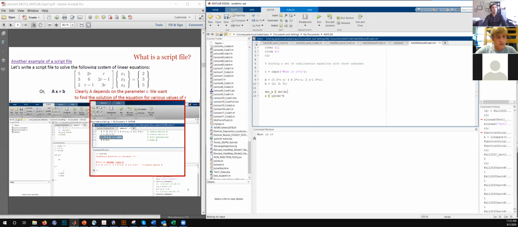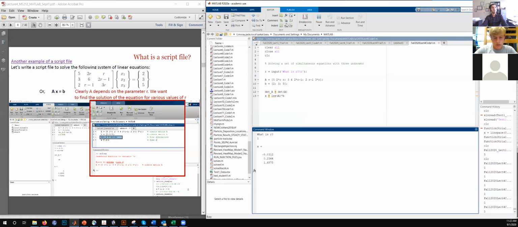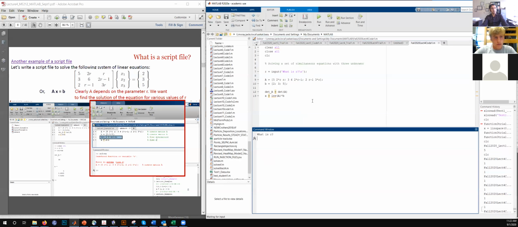Let's save this and see what we get. First I need to close this and then run it again. So now if I type 1 for R, you get two outputs, those x values, x1, x2, x3, along with the determinant when MATLAB has plugged in R as 1 into this matrix and just calculated the determinant for this matrix.